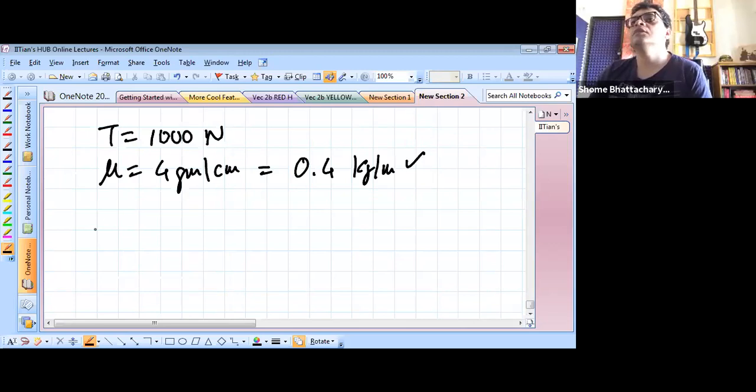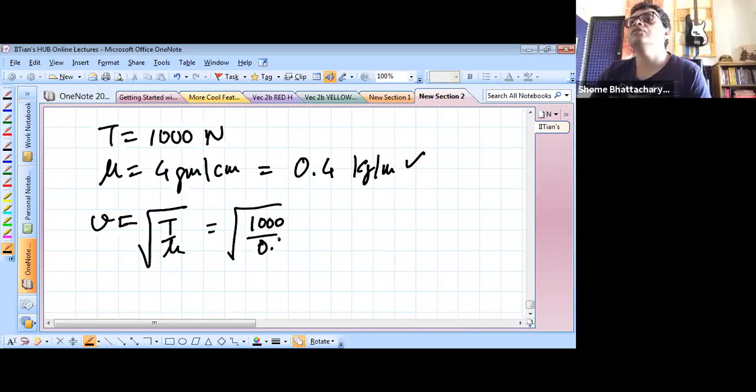So the wave speed, which is given by the formula square root of T by mu, is now square root of 1000 upon 0.4. So that becomes 50 meters per second. Okay. And again, the frequency of the sources.